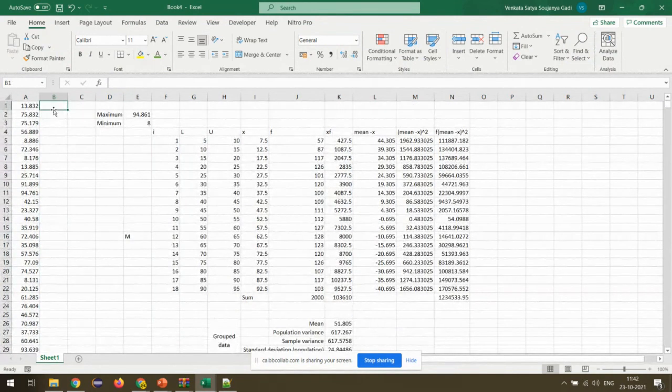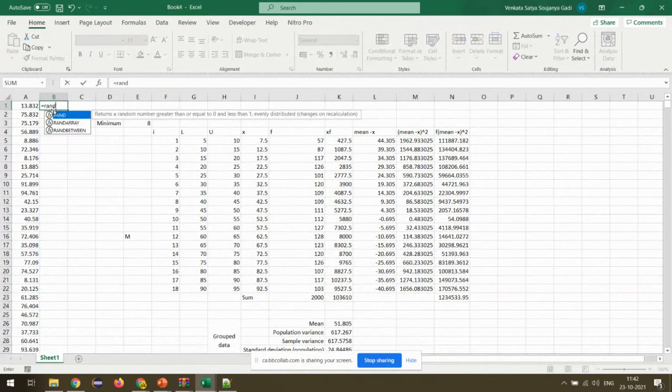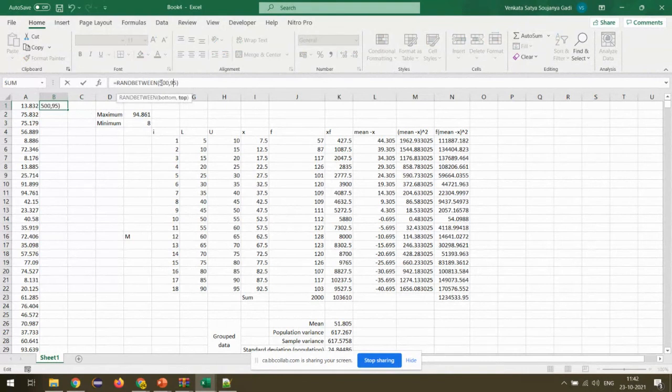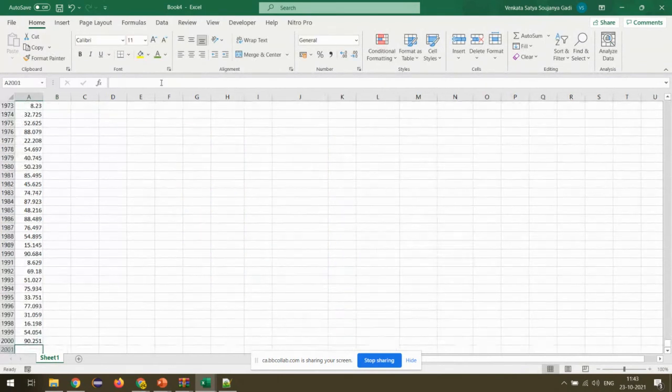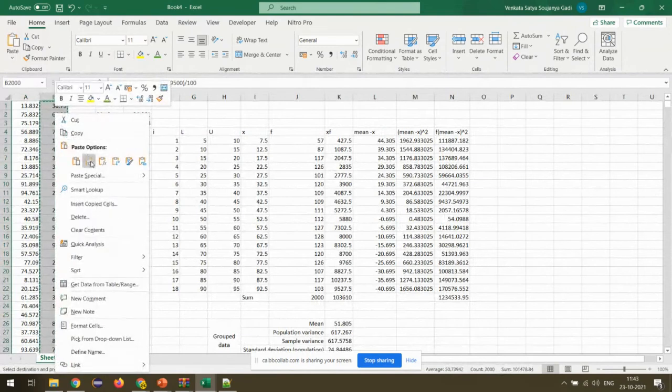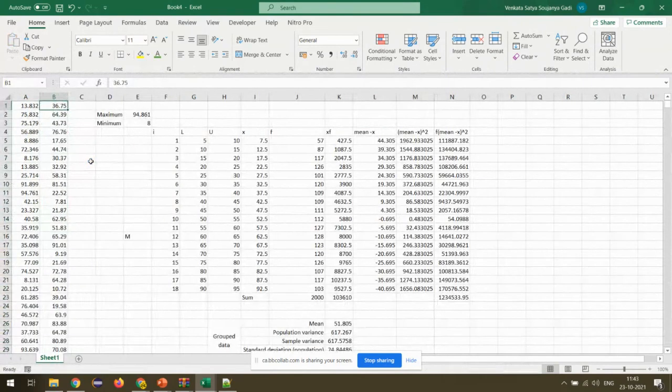Let me generate again random numbers between 5 to 95. So calculate some random numbers, right? So paste the number so it won't change. So have this is y and this is x.